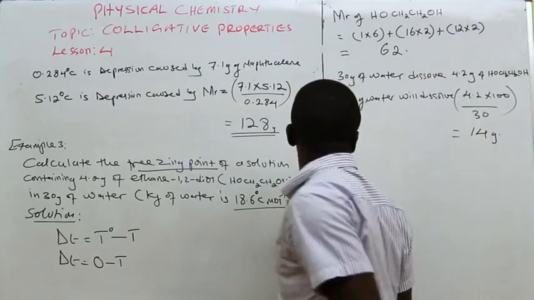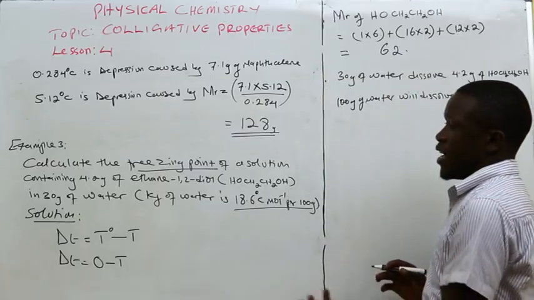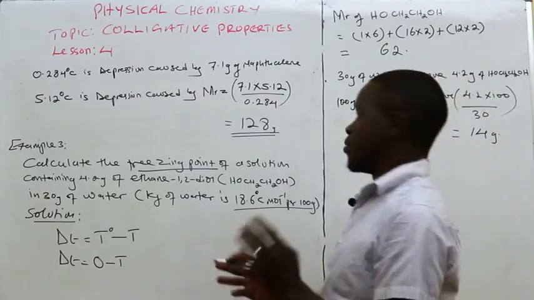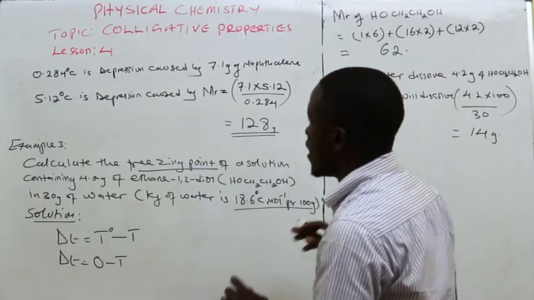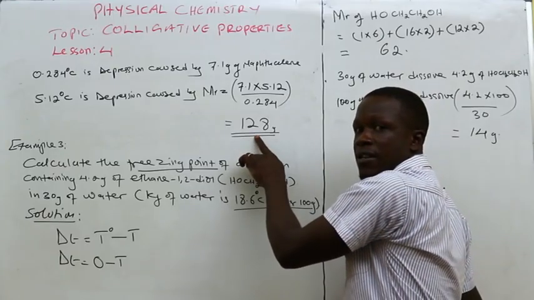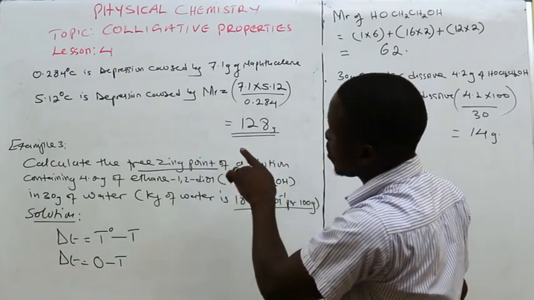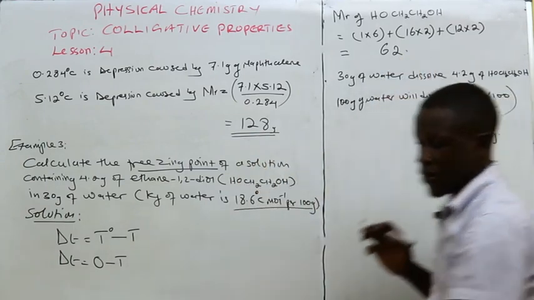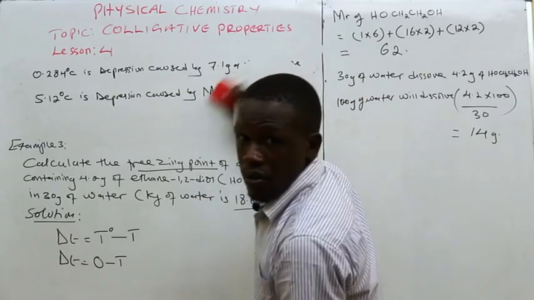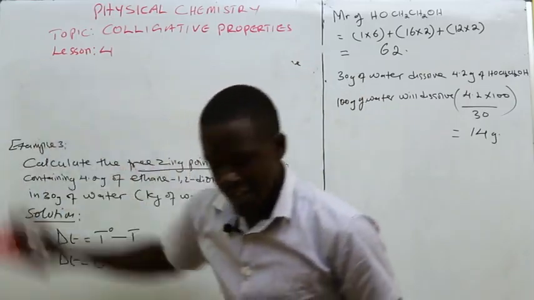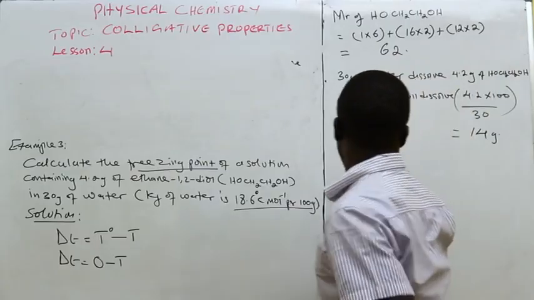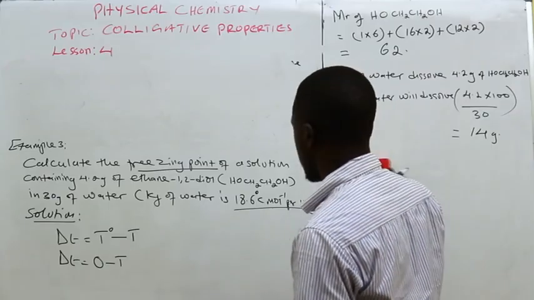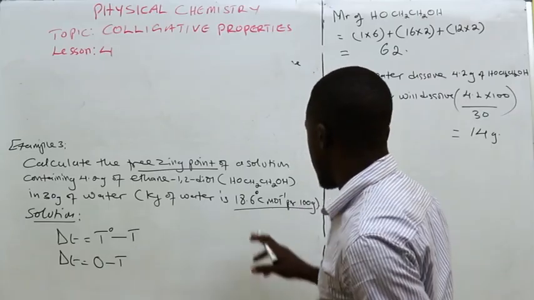So after getting this, I can now go ahead and relate the dt. Remember, I want dt to be able to calculate the freezing point. So what am I going to say? I now have the molecular mass of the non-volatile solute. So now I would say 62 grams, this is the molecular mass, 1 mole, so should be related to this.